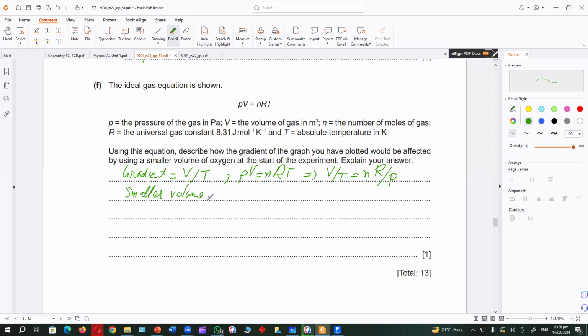So when I decrease the volume, logically the gradient should decrease. Then what is the involvement of this nR upon P?